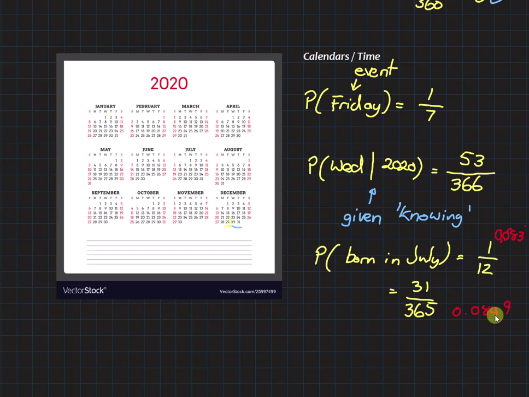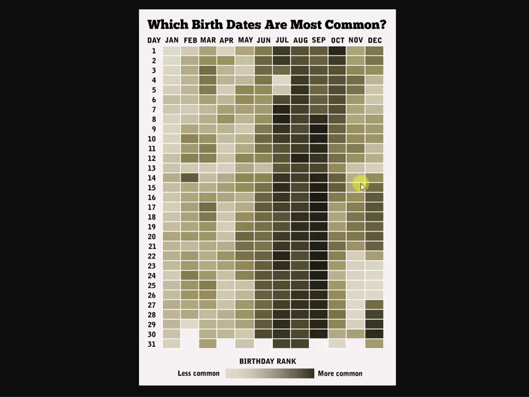If you have a look at the actual calendar, the actual dates have their own probabilities individually. Weird things happen, like Fridays and Saturdays, Sundays often seem to have peaks. This graph came from Reddit, but it's an actual analysis from around the world.